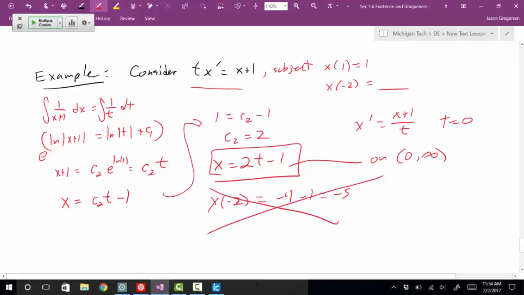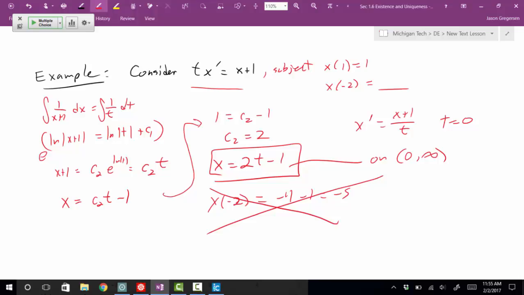Because of that discontinuity, my solution looks like it's continuous for all t, but it is not correct to cross over that discontinuity. That is the problem. My solution right now is only on that interval. You can't go through that because our differential equation is not defined for t equals 0.